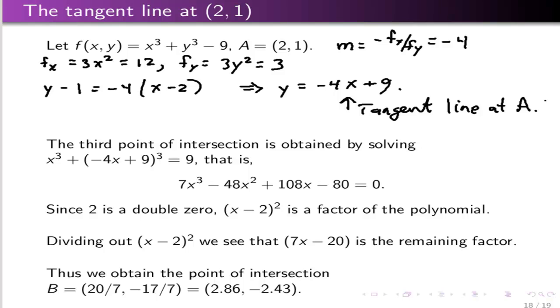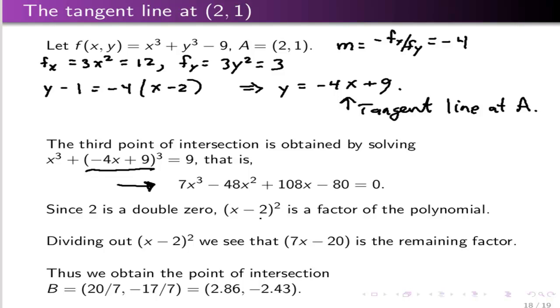I want to intersect that with the curve. So I insert y equals negative 4x plus 9 right here for y. And you expand this out. I'm not going to belabor it here. We get this cubic polynomial, 7x cubed minus 48x squared plus 108x minus 80 equals 0. Now, being a tangent line means that 2 is a double zero.